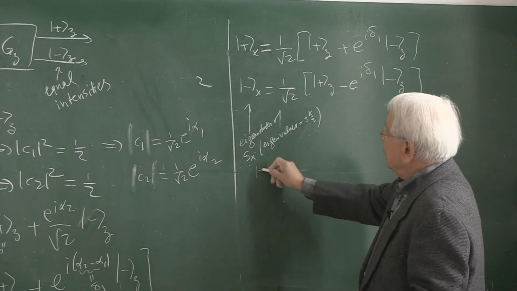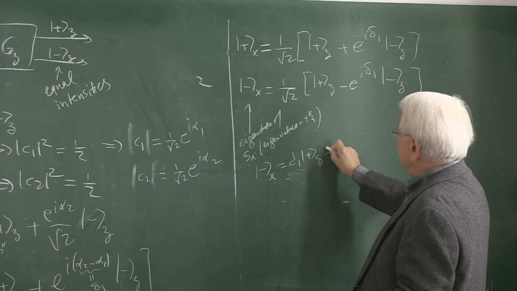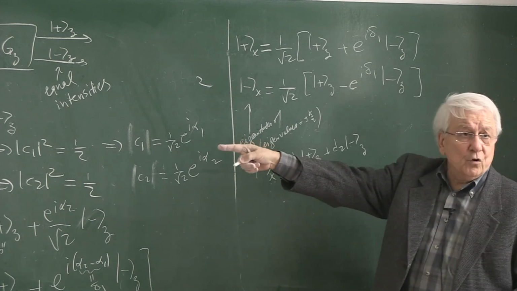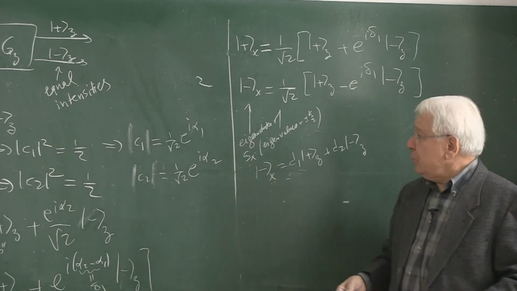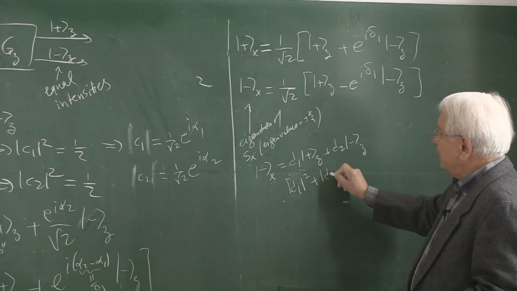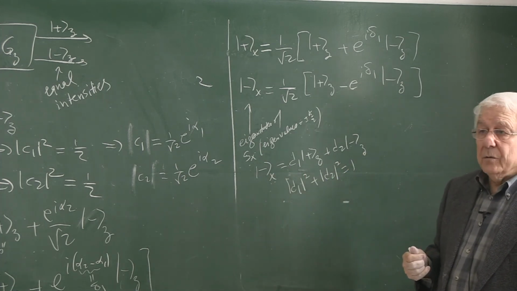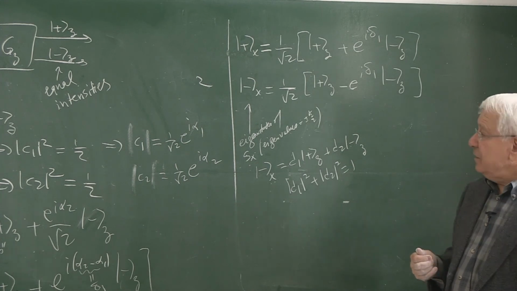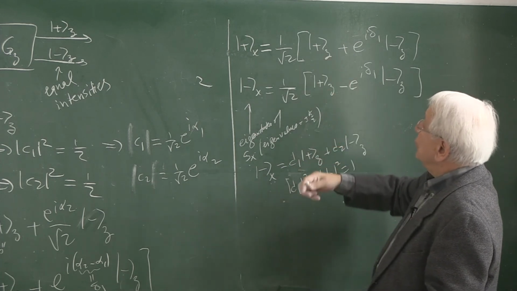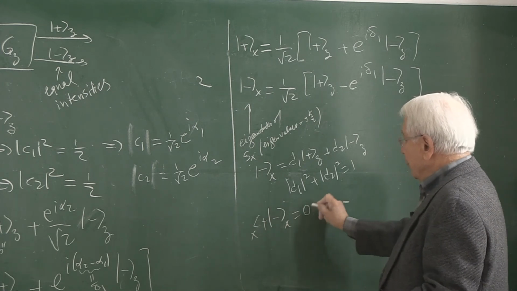How do you impose that? Okay, a quick sketch. I don't want to go through it in too much detail. You write it as such. I use different names d1 and d2 not to confuse with the original c1, c2 I used. These are complex coefficients, with the mod squares adding up to 1, obviously, because this is a unit basis vector, meaning that it must be normalized, and it must be orthogonal to the original one. That is, the inner product should be 0.